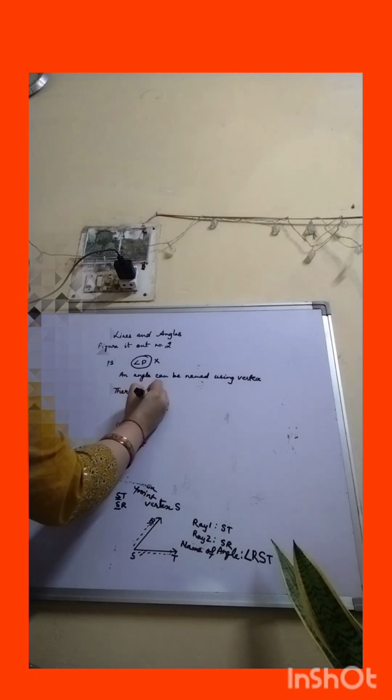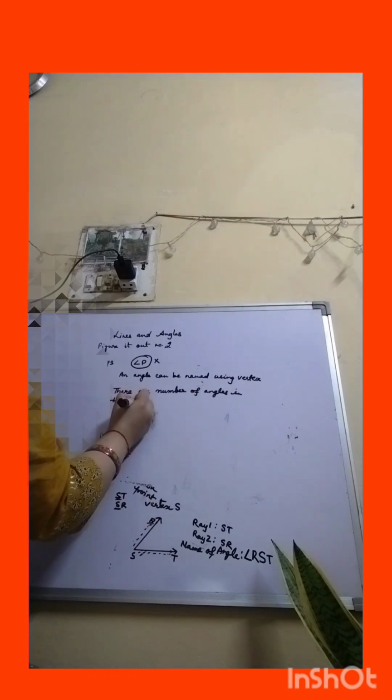So an angle can be named using vertex only, but this is not the right method here. Why can I not write it here? Because the reason is there are a number of angles in the figure which have vertex P.